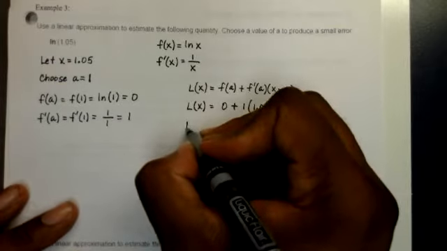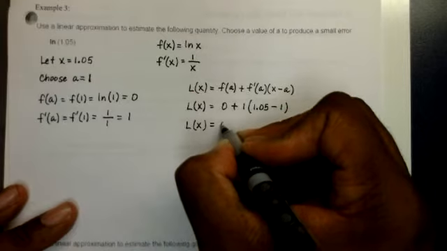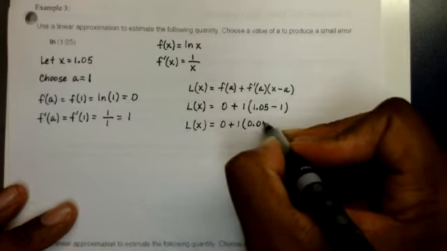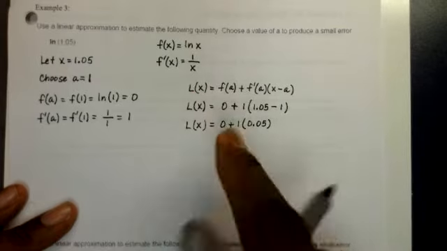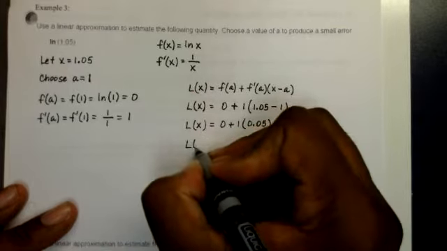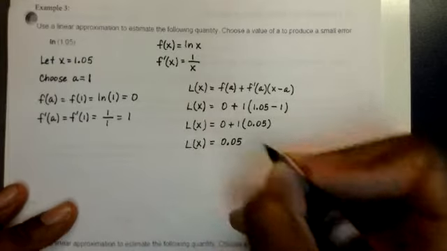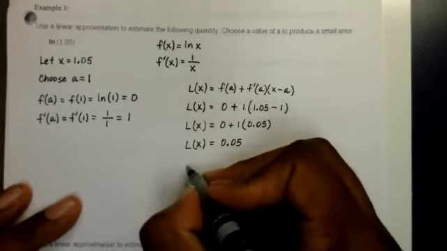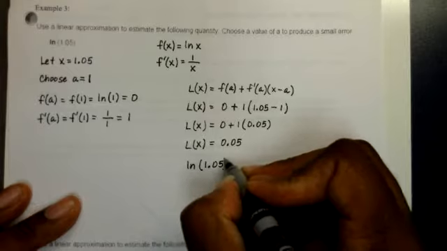Okay, so if I subtract 1 from 1.05, I would get 0.05. 0.05 times 1 is 0.05 plus 0 ends up being 0.05.